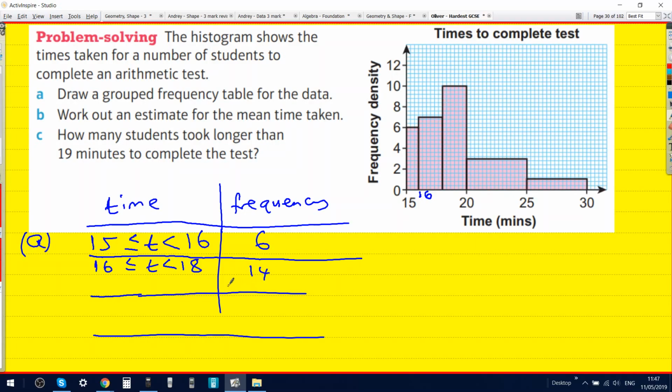Okay. How do you work out an estimate for the mean time taken? Do you add all the frequencies up and no? Would you go to the median? They wanted mean.